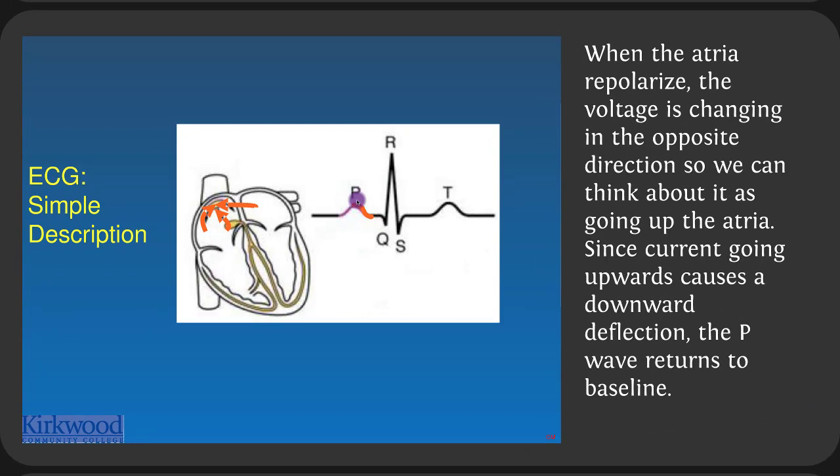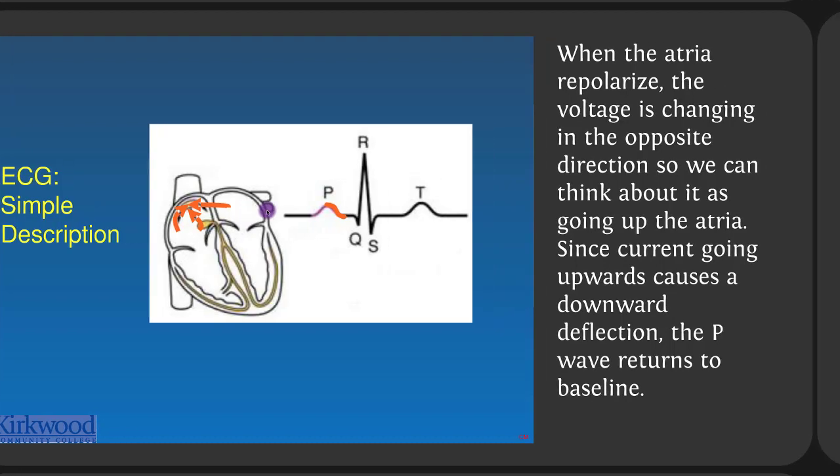Bringing in the second rule, if you have a current down the heart in depolarization, you have to have a current back up the heart in repolarization. So when the atria repolarize, the voltage is changing in the opposite direction, so we can think about it as going up the atria. Since the current going up causes a downward deflection, the P wave returns to baseline.